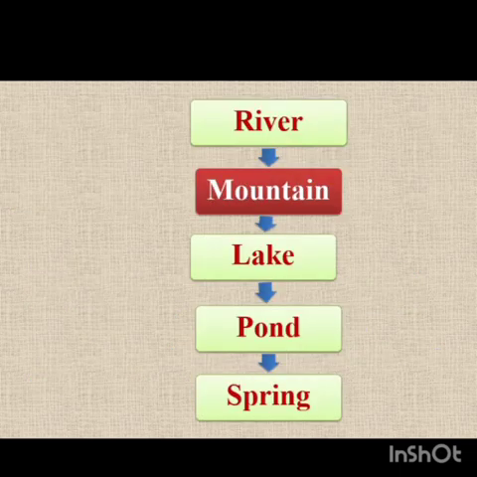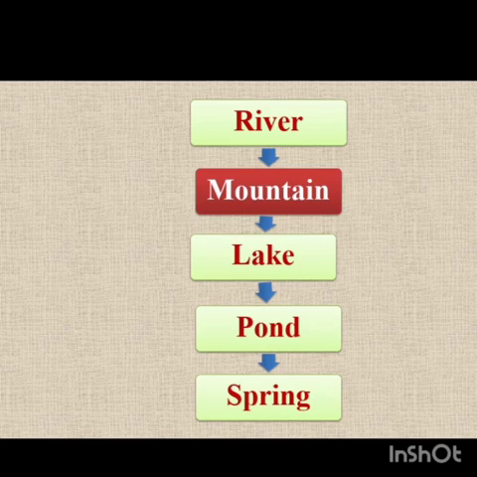So here you can see river, mountain, pond, lake and spring. Now you have to find out which one is different from others. So definitely mountain is different from others. As you know that mountain is not a water body while others are sources of water.